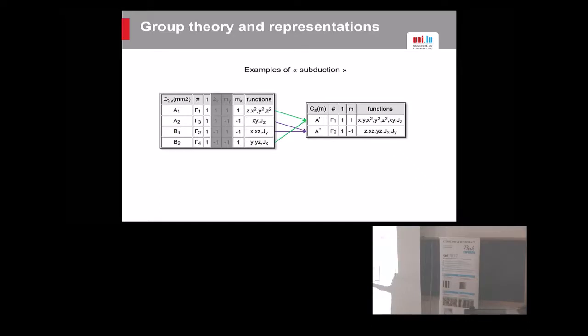Here I have an irrep that associates a matrix to all symmetry operations, and here I just have a subset of the symmetry operations. So you already have representations of m in the irreps of mm2.